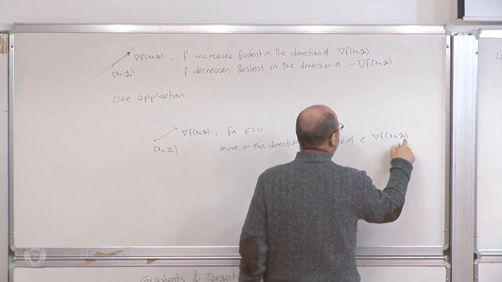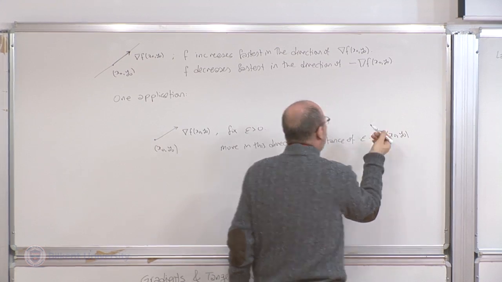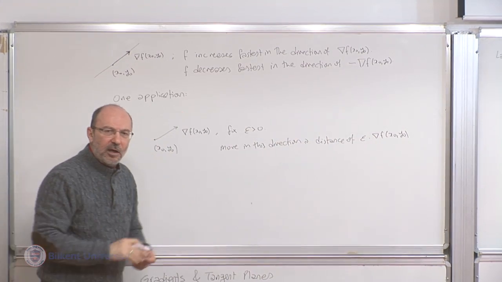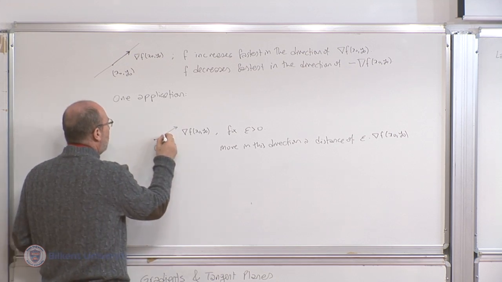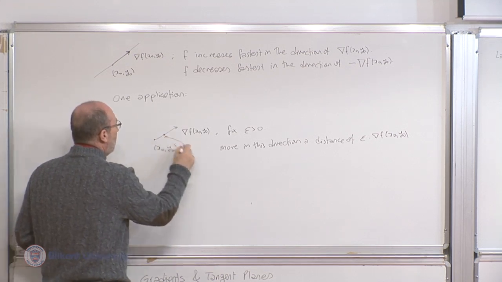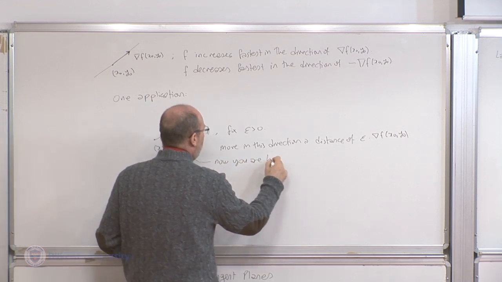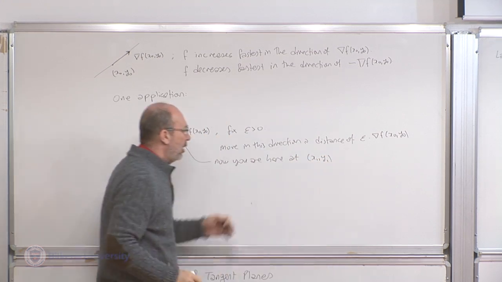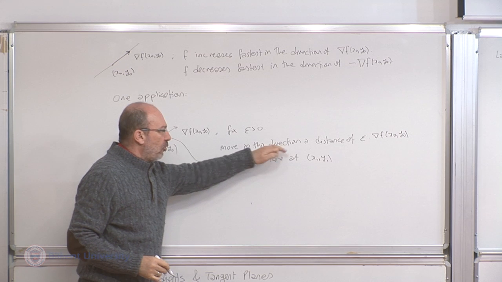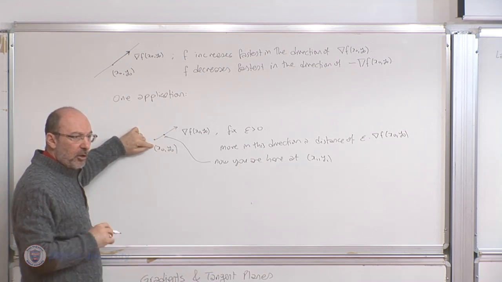Well, here I was planning to divide it by its length, but you can choose epsilon even smaller, so that will account for dividing it by this length. So you will be somewhere here. Okay, so now you are here at (x1, y1). This is easy to do because I have one point to write the equation of this line.